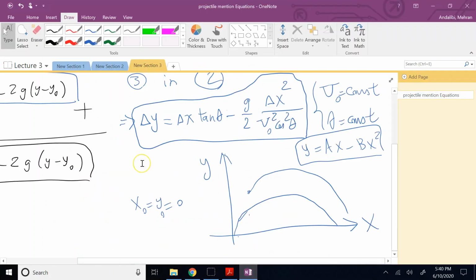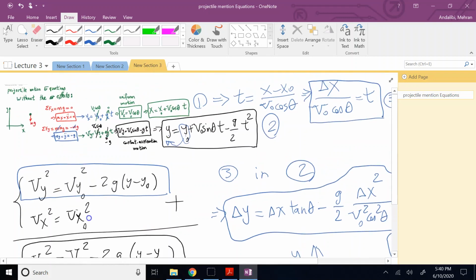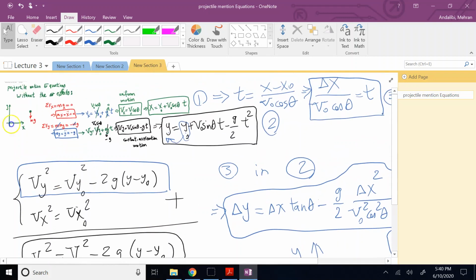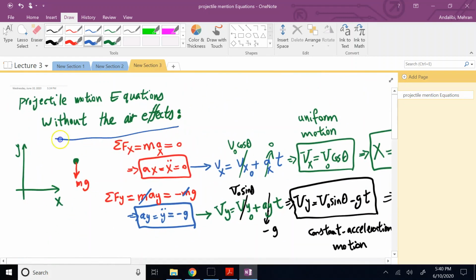And again, all of these formulas, this parabola shape, everything that we got is assuming one important condition. And what was that? This one. No air effect. If air effect comes in, so you have drag and lift, then there will be extra terms here to some of the forces, and then your accelerations are not going to be even constant, not in x, not in y, and they are impossible to integrate easily versus time.